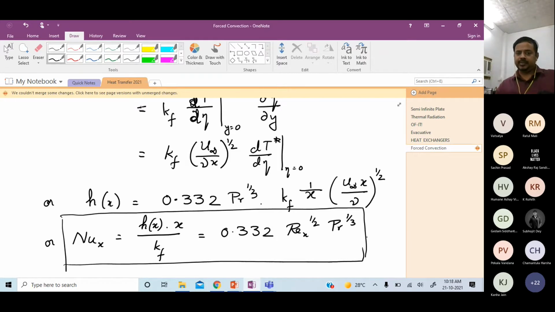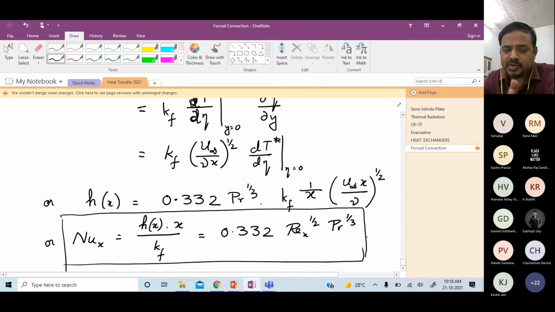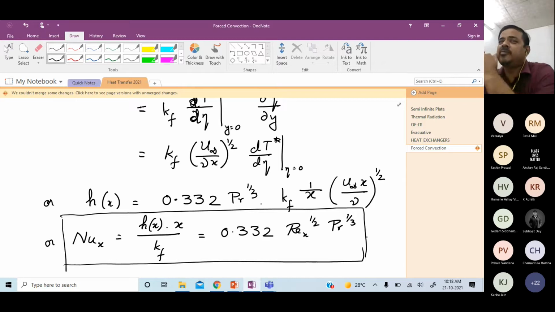Okay. So I have got this expression. This is what we call correlations to calculate the heat transfer coefficient. Remember, right from the first class, I have been telling that in the problems we solved until now, the h value was given to us. But it's this theory of convection which is going to teach us how to calculate that h value given a situation, a geometry, a flow condition, and a fluid.